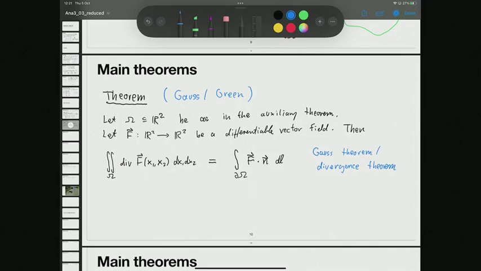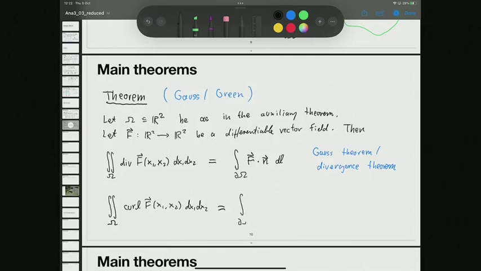And there's a sibling of that result in two dimensions, which is known as Green theorem. The results look very similar. If we integrate over omega the curl of the vector field, then we can express it again as a curve integral.